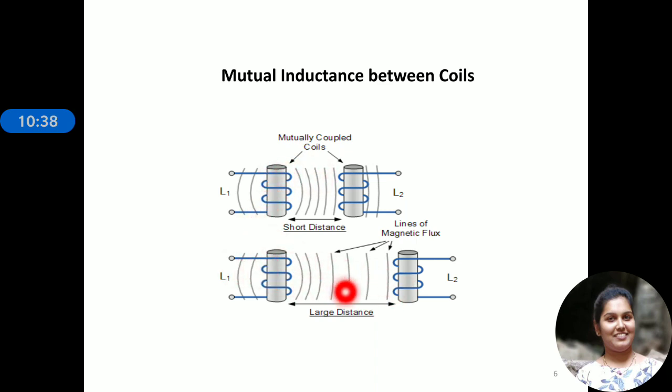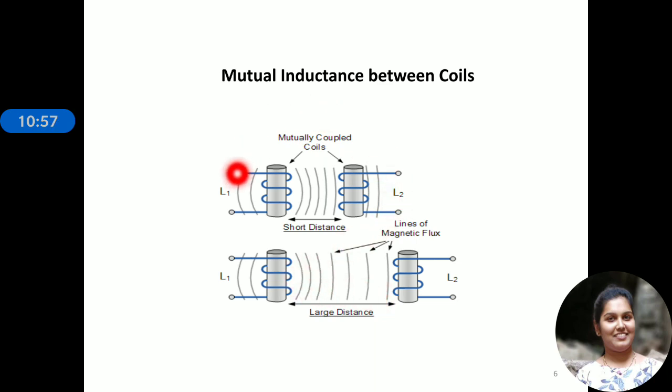In this mutually coupled pair it is very short, whereas here there is a large distance between the coils L1 and L2. Here the magnetic lines of flux are wider, as you can see on the screen.